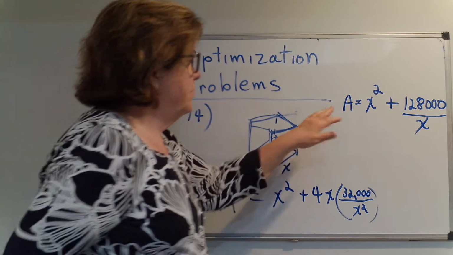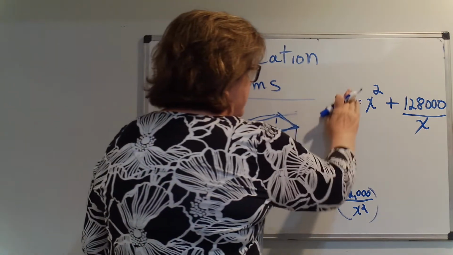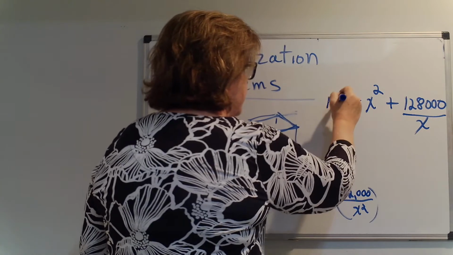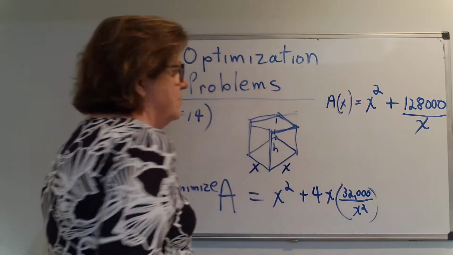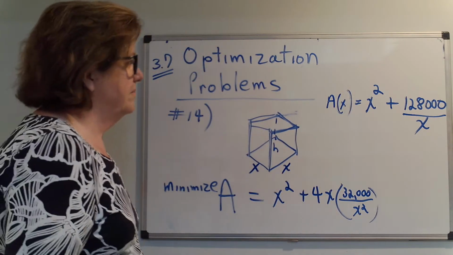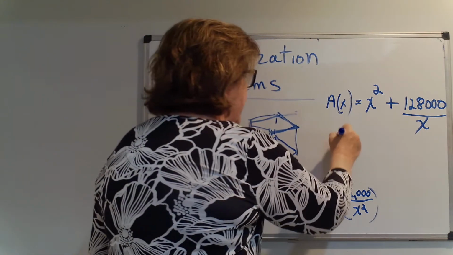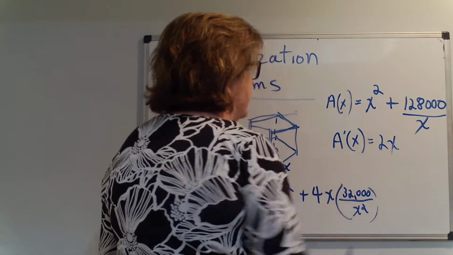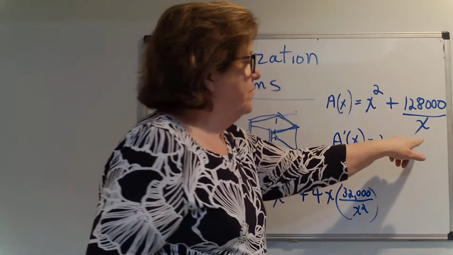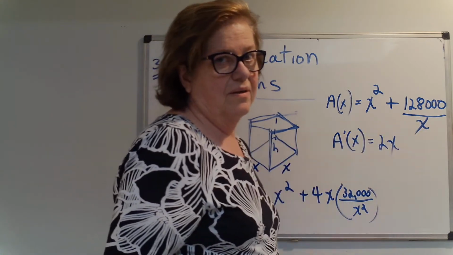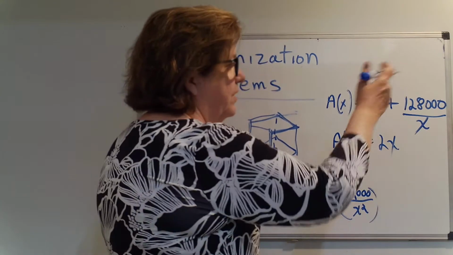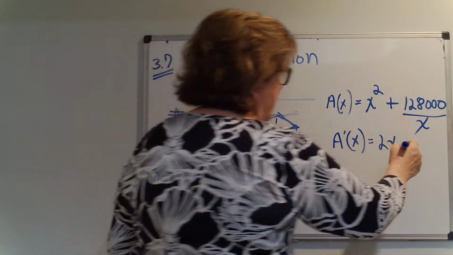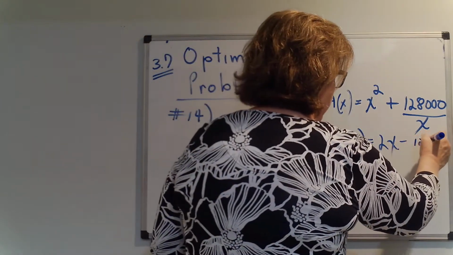Now we take the derivative of this. So this is A as a function of x, and we can take the derivative of that. A prime of x equals 2x. Then remember, this is like x to the negative 1. So we'd have to bring the negative 1 down and decrease the exponent by 1.